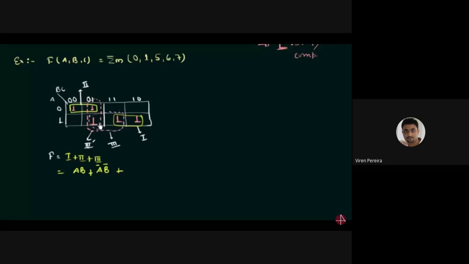And 3 is A, B is changing from 0 to 1, so we are left with C. So this is what we have for case 1.